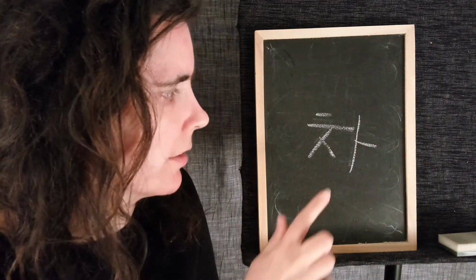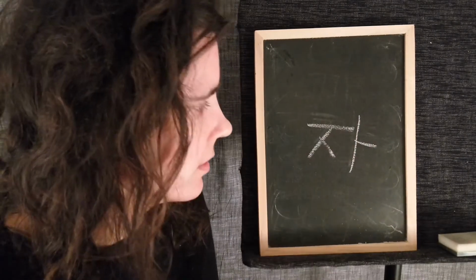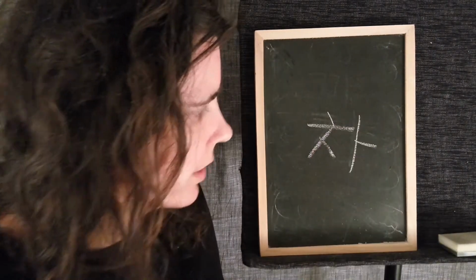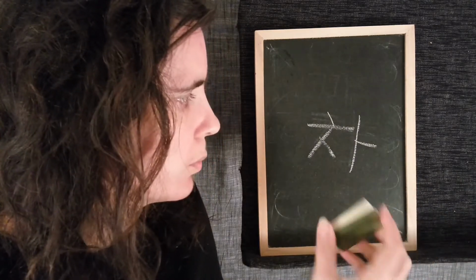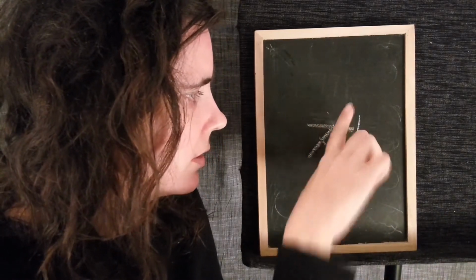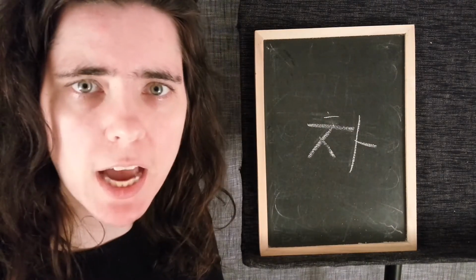So a CH sound. You can do that like that. This can also sometimes be written a bit more like that. So you can see it different ways, but usually in typing you see it kind of across the top like that. Cha.